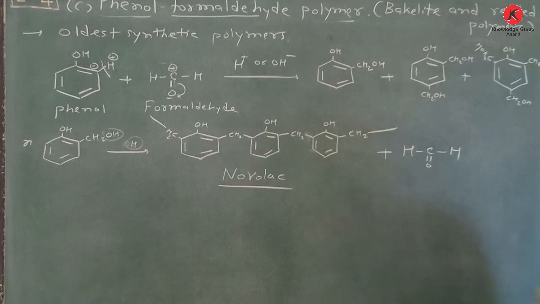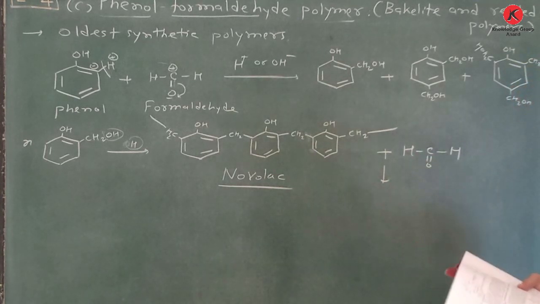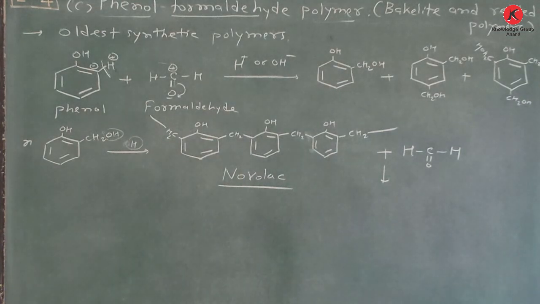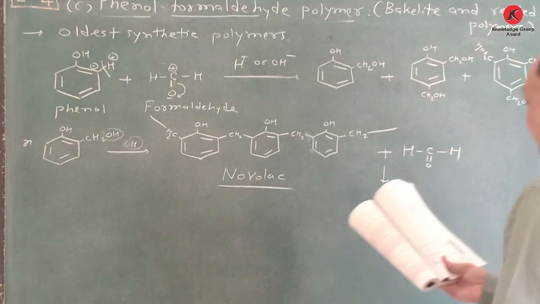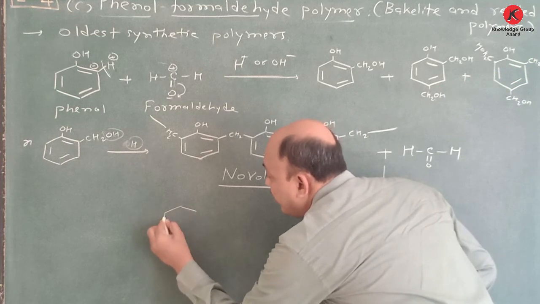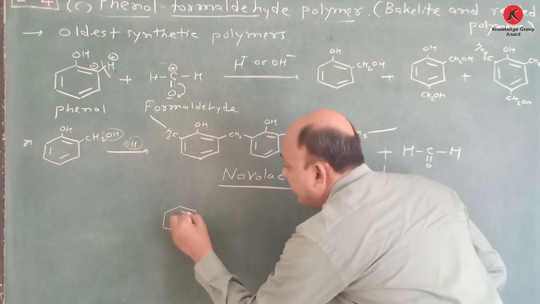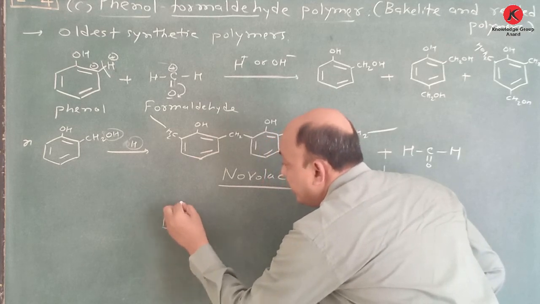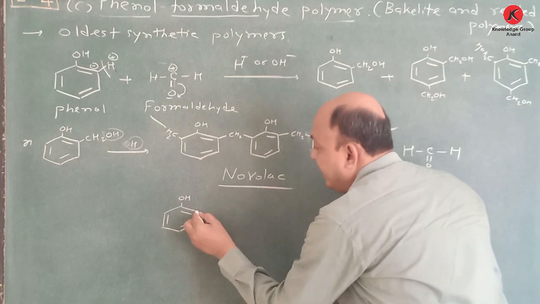Now this undergoes reaction with formaldehyde at a time. Just see, you have to draw it this way. Here formaldehyde, and you draw just like this. Remember, you have to draw this type of structure in which here OH is there.